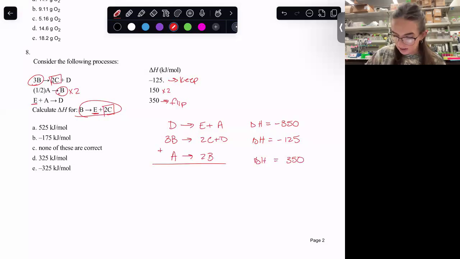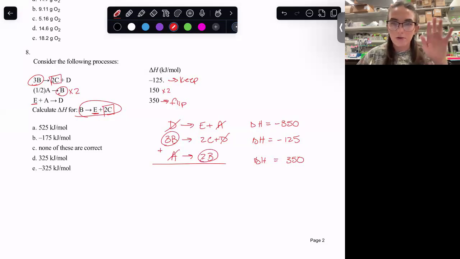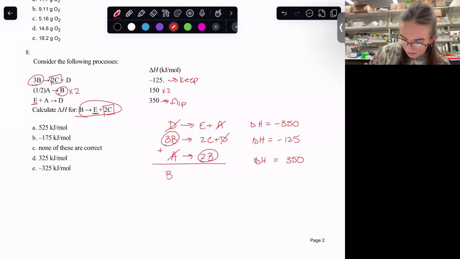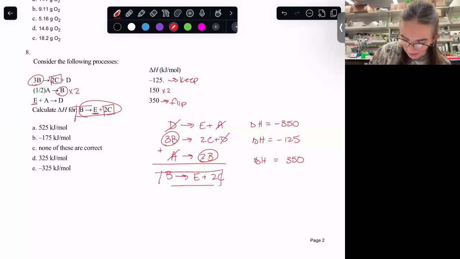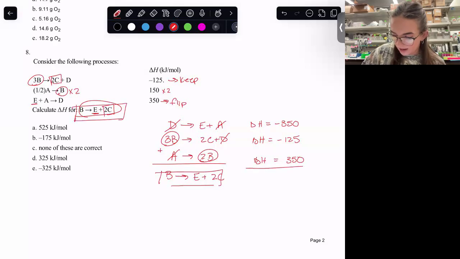And when I add all of those 3 equations together, the D cancels out, A will cancel out, and then I have 3B here and 2B here. So that will subtract, right? Think of the arrow as an equal sign. So that will just remain 1B on this side, forming E and 2C. If that matches this guy here, then you can add your delta H's.